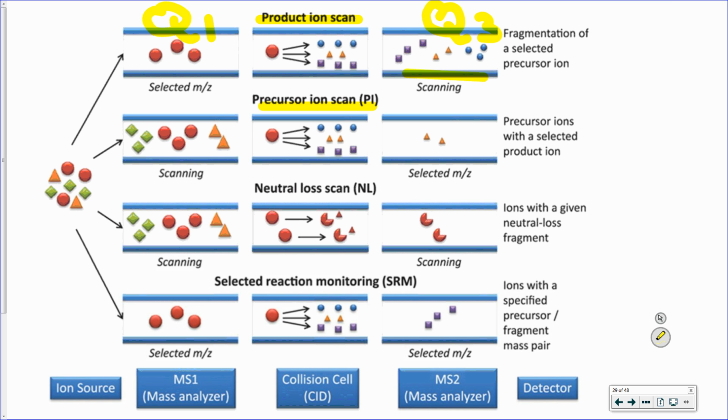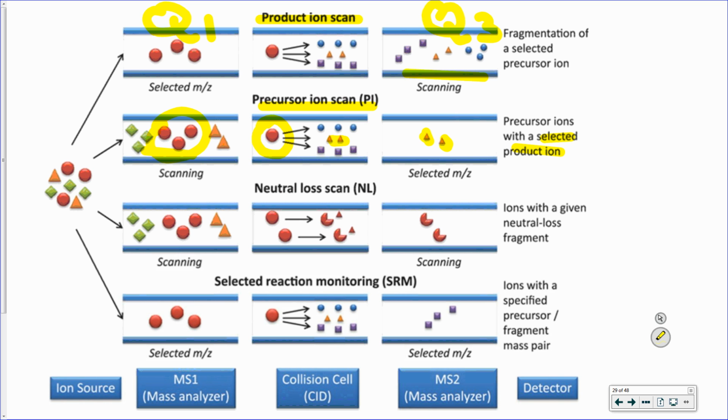The precursor scan is, if you want to get really selective, just look at this piece. So if I want very high sensitivity, I tell it to look for a precursor, so I scan on this end, and then I choose this ion, and then on this one I break it up again in the Q2, and then I'm looking for just this little piece or fragment out of there.